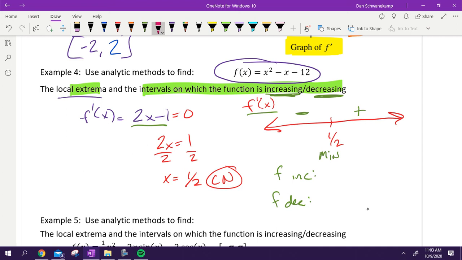When f prime is positive, it's increasing. So 1/2 to infinity. Bracket, always parenthesis on infinity. When is it decreasing? Negative infinity till 1/2, because f prime is negative. Boom, done. That's no different than what we did before. It's just translating it into some different language.